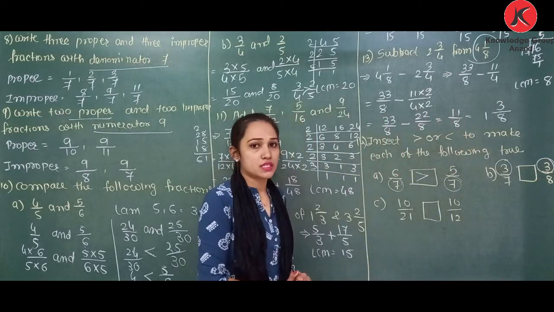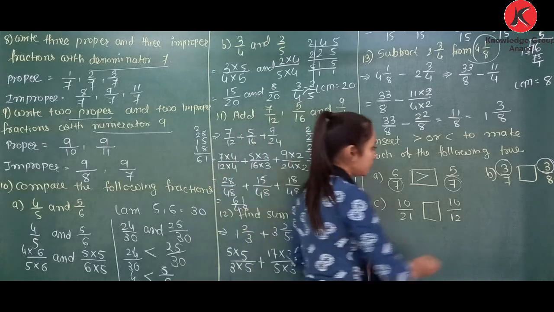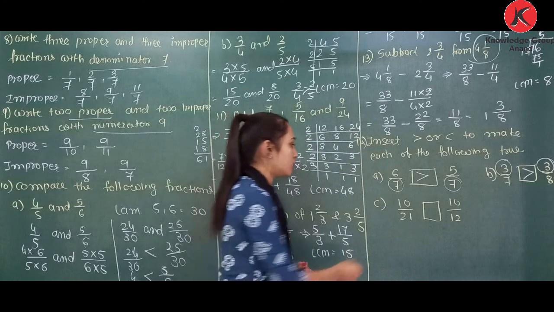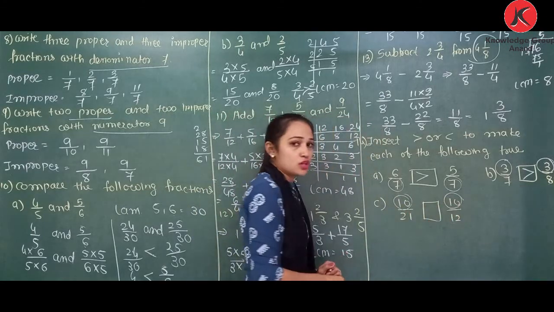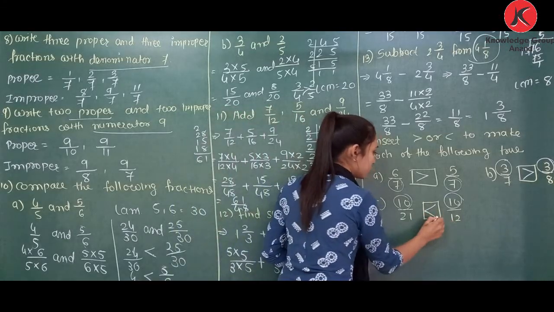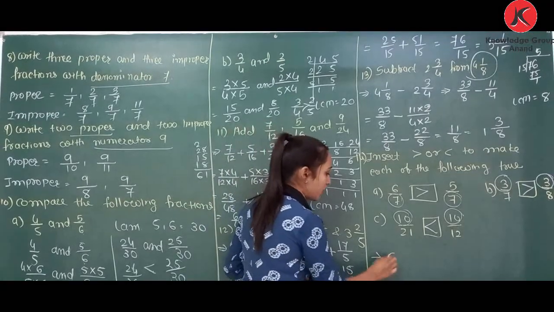If the numerator is the same, then the smaller denominator becomes greater. So here 7 is smaller, so 3 by 7 will be greater. 10 by 21, 10 by 12. Again the numerator is the same, so the smaller denominator becomes greater. So 12 is smaller, so less than.